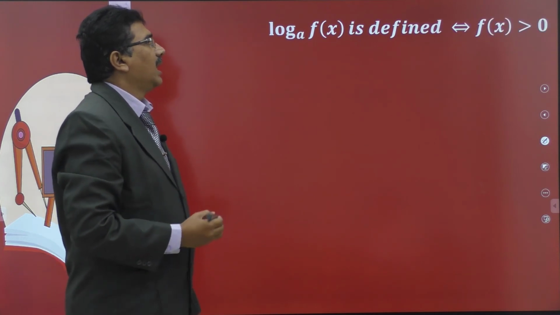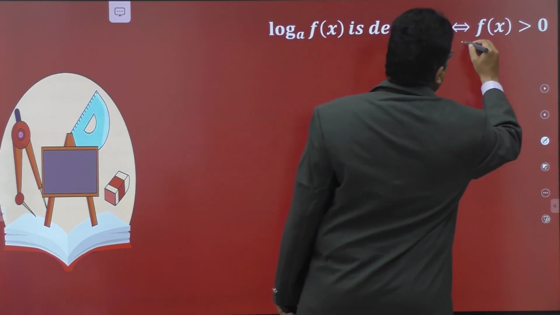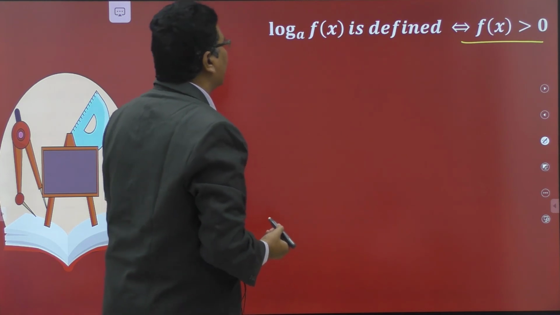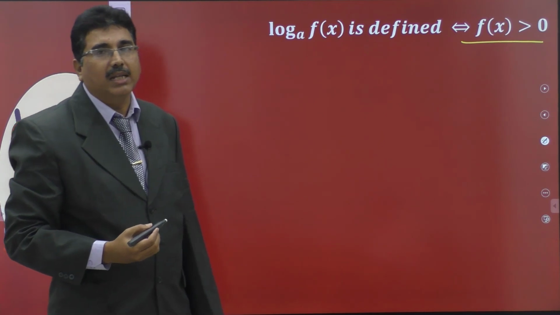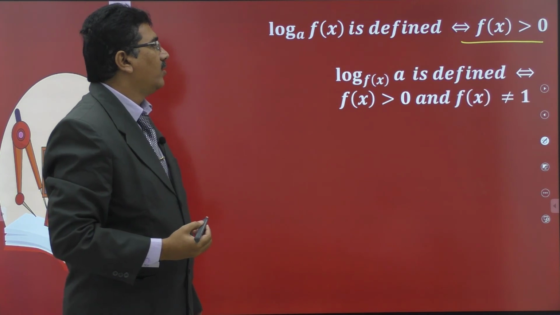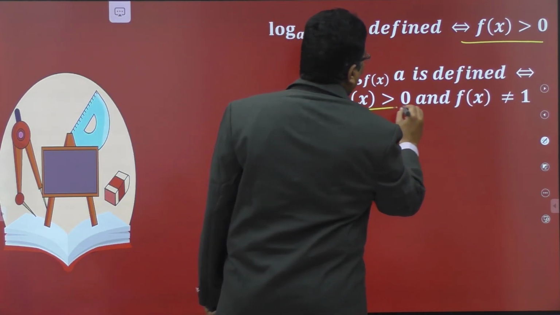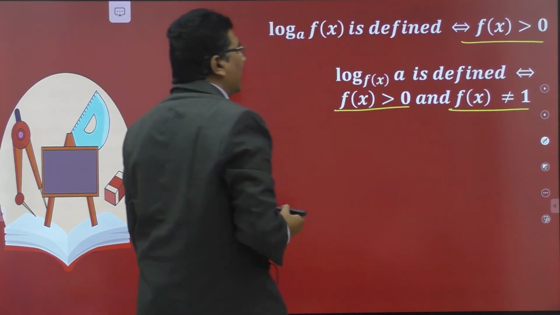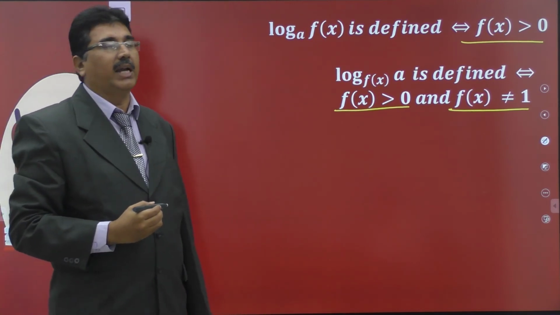Right? If f of x greater than 0, log f of x base a is defined. Here a is also greater than 0 and not equal to 1. Now, f of x greater than 0 and f of x not equal to 1, then log a to the base f of x is defined.